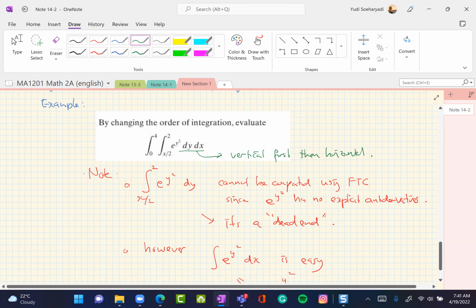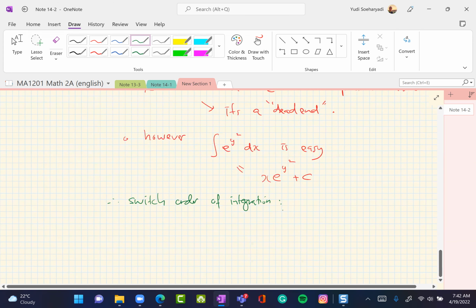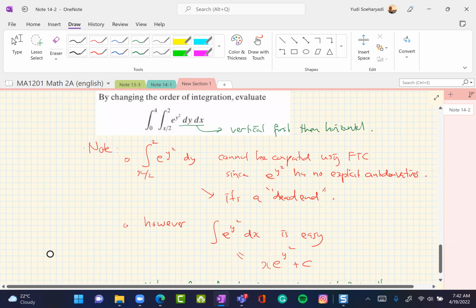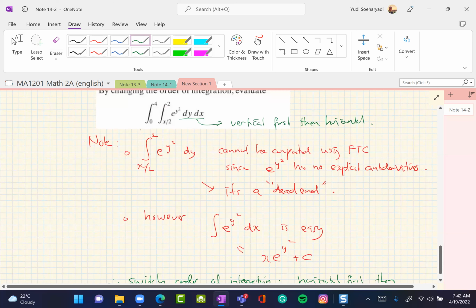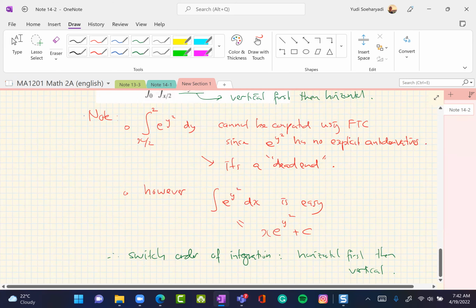When you switch the order, you have to go horizontal first and then vertical. So you have to be able to recognize and draw the domain of integration.